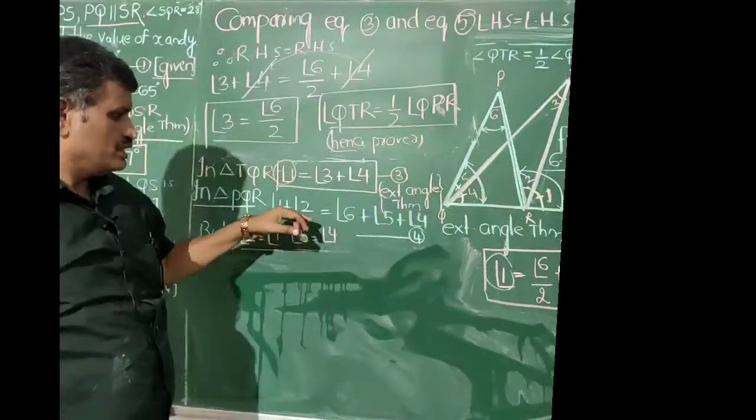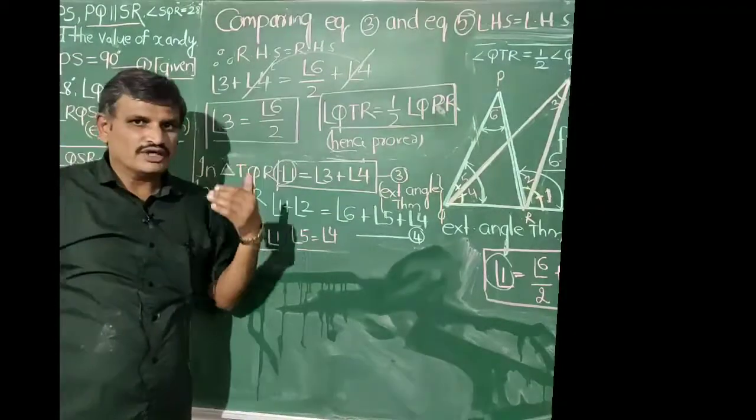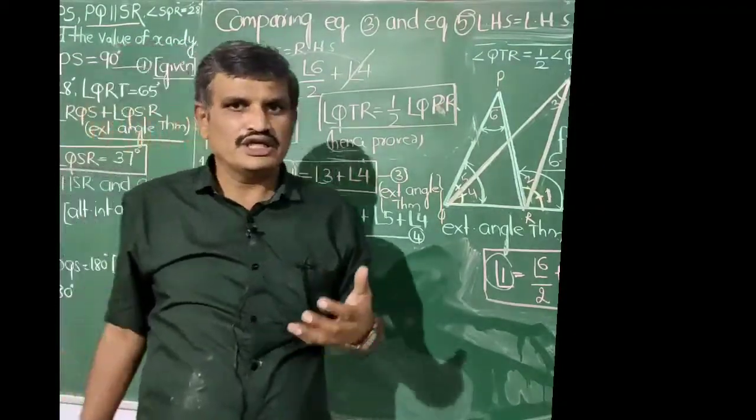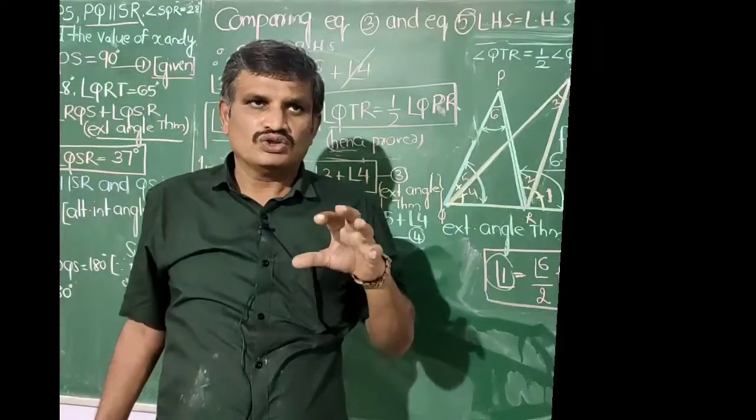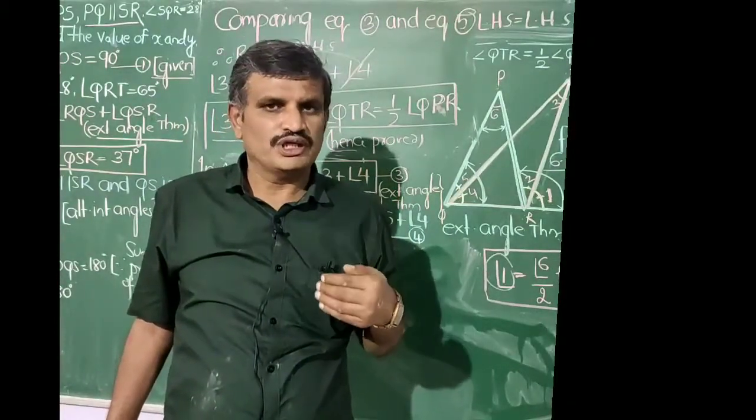Put the values in this equation and finally you will arrive at a situation where left hand side equals left hand side, so right hand side will equal right hand side, and hence the proof of the theorem will be there.